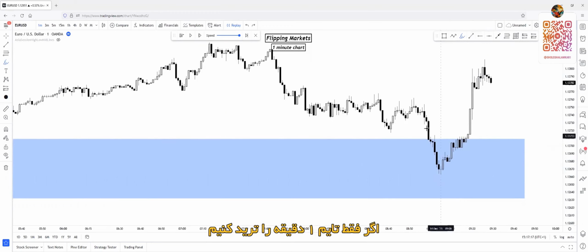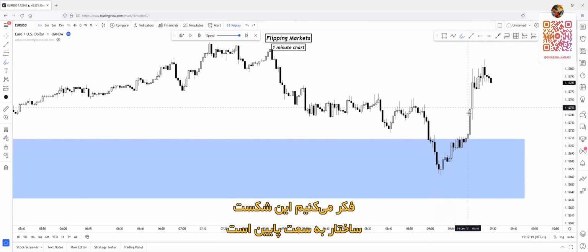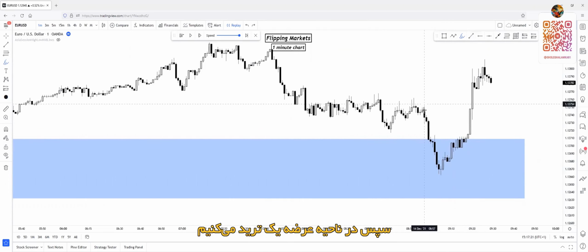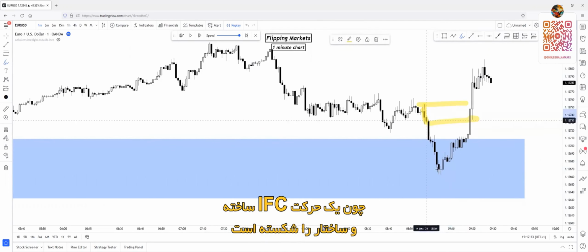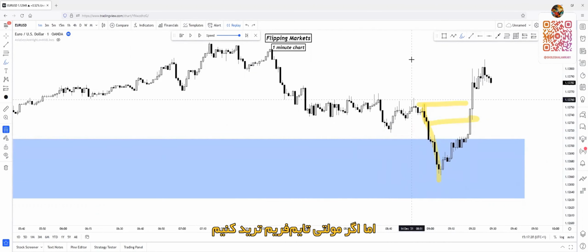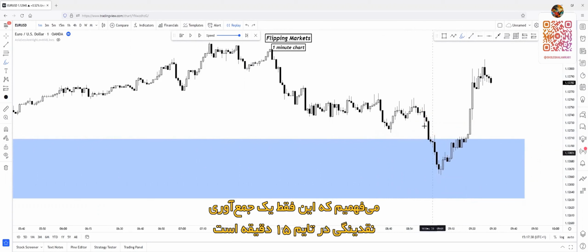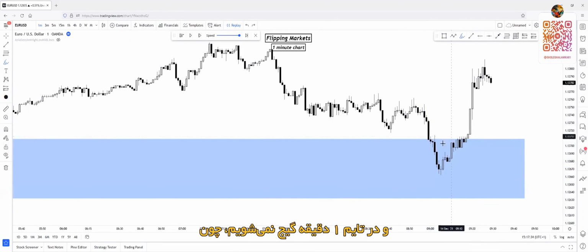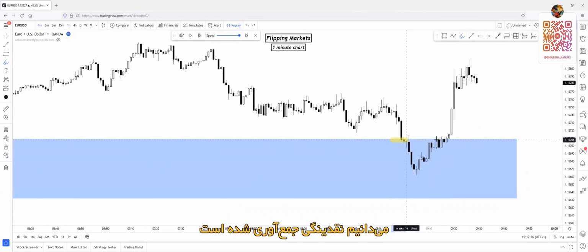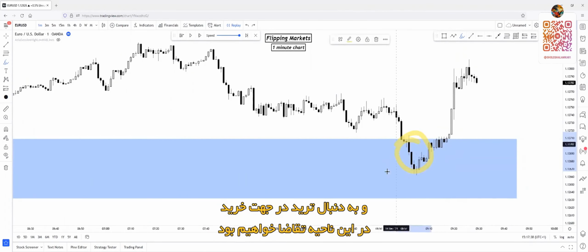If you're only trading the 1-minute chart, we will think that is a break of structure to the downside, and we will open a supply trade here because it created inefficient movement and a break of structure here. But we trade multiple timeframes, so we will know that this was just a liquidity sweep on the 15-minute, and it won't confuse us on the 1-minute, because we know that the liquidity has been swept, and we will look for long entries inside of this demand zone.